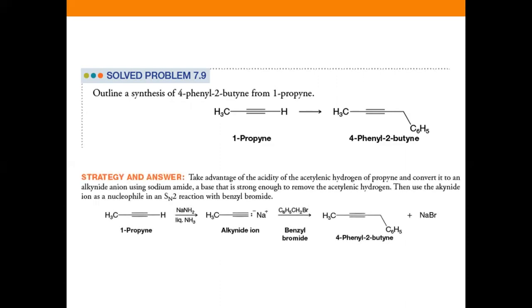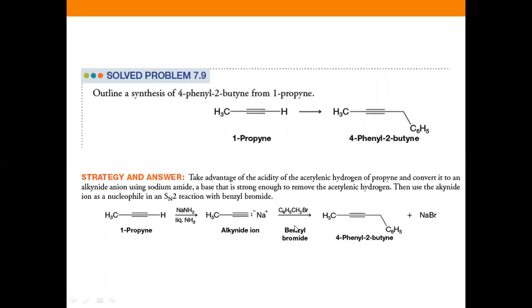Simply, you abstract this proton here with your amide, and you get your alkynide ion. Once you have your alkynide ion, you can use CH2, C6H5 with a bromide here. The C6H5 is simply your phenyl group, a benzene ring.